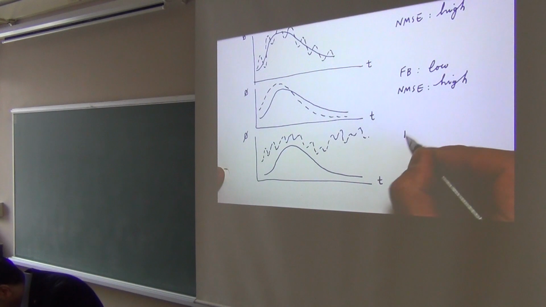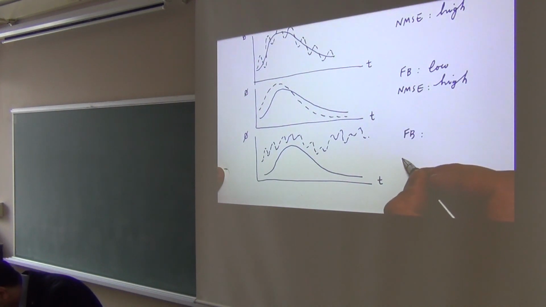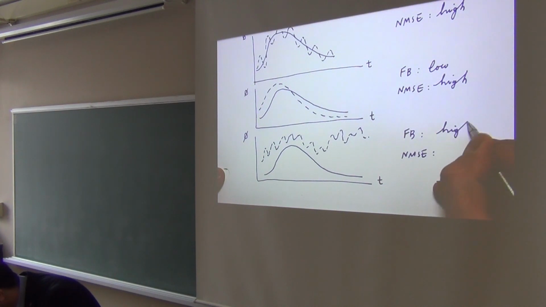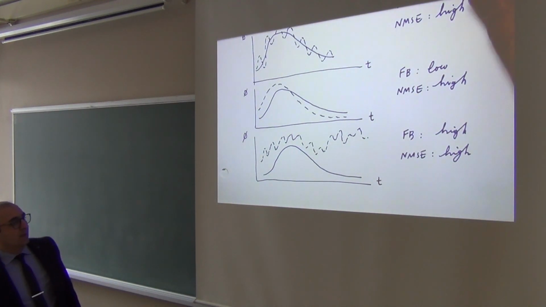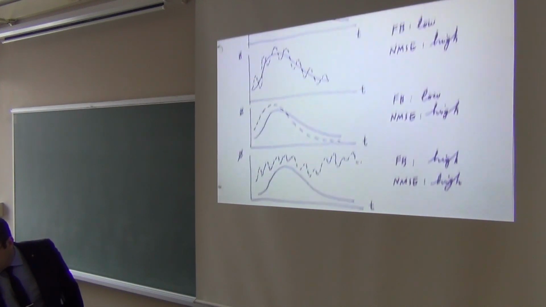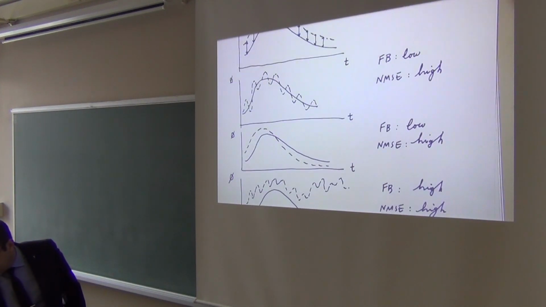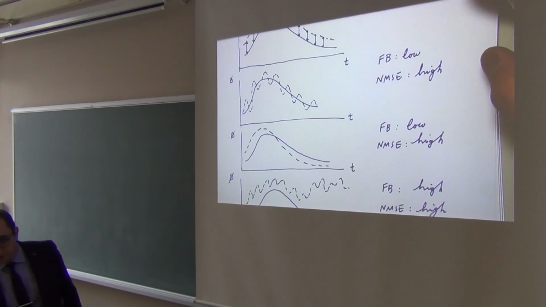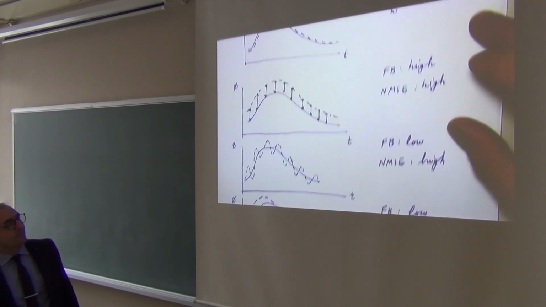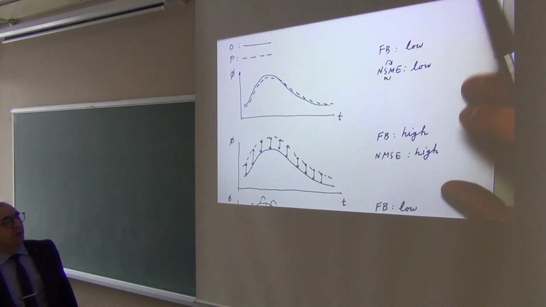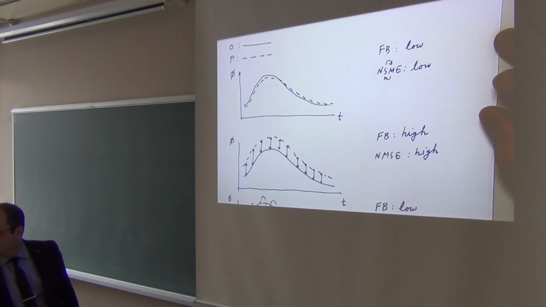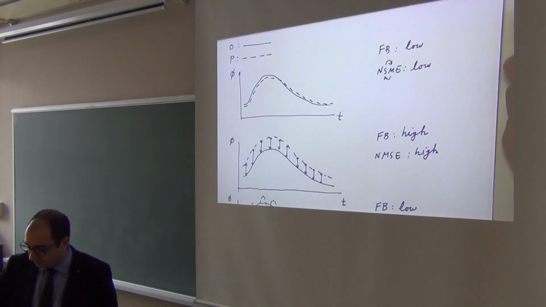The fractional bias and NMSE are both high. So it appears that if you want a low NMSE, bias should also be low. It's impossible to get a low NMSE and a high bias. So bias should be low in the first place to get a low NMSE.